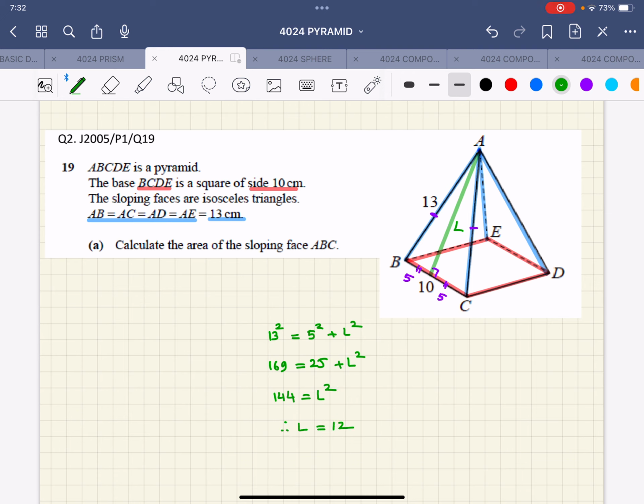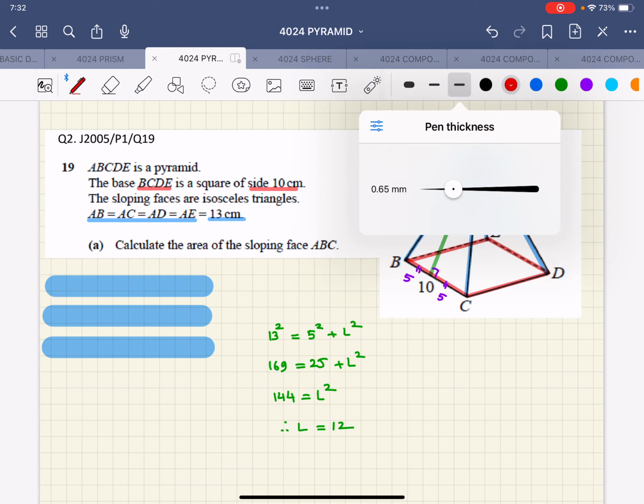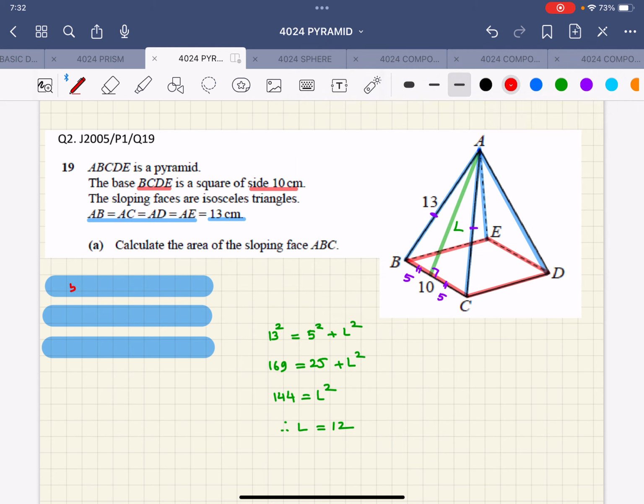Now there are some famous triangles in trigonometry, do remember them. So let me draw a line over here, something in blue color, and I'm just labeling a few famous right angle triangles that you will come across in life. The first one is a 3, a 4 and a 5.